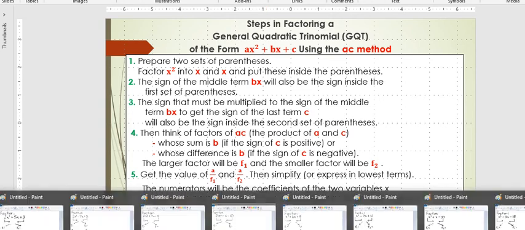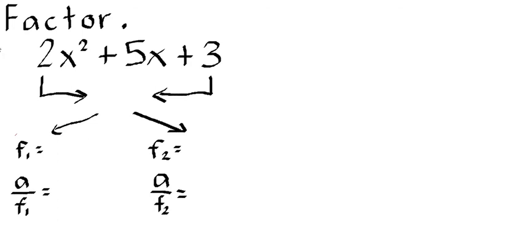Let's have some examples. Example number 1. Factor the general quadratic trinomial 2x squared plus 5x plus 3. First step is to prepare two sets of parentheses.